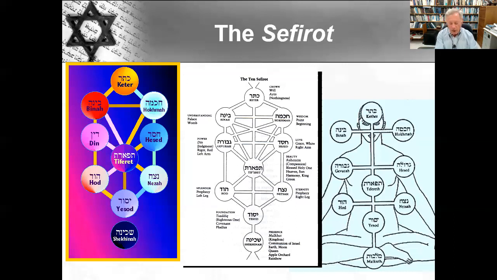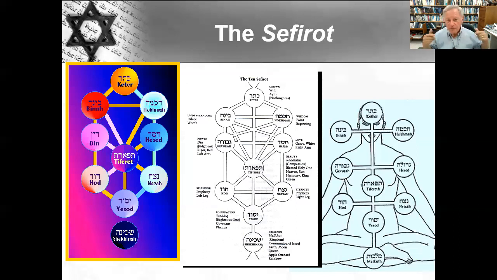And what's going on here begins with something I mentioned last time. If the Torah tells us God created humanity in God's image after God's likeness, that then gives us a hint about the nature of God, and it also gives us a hint about the nature of humanity.